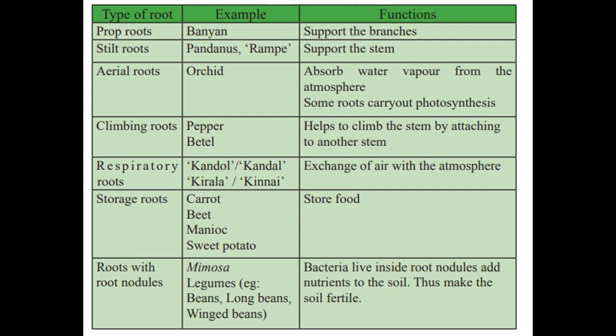I told you when it comes to mimosa plant, they have root nodules. There's a special bacteria called rhizobium living there. They can give nitrogen to the plant, right? So here it's talking about the roots with root nodules. We will write that. Roots with root nodules.